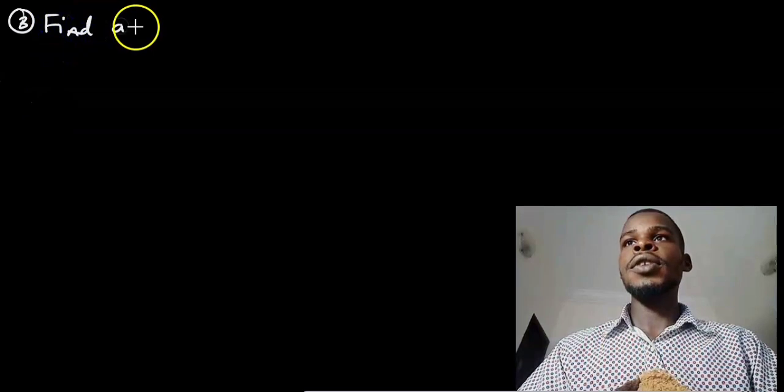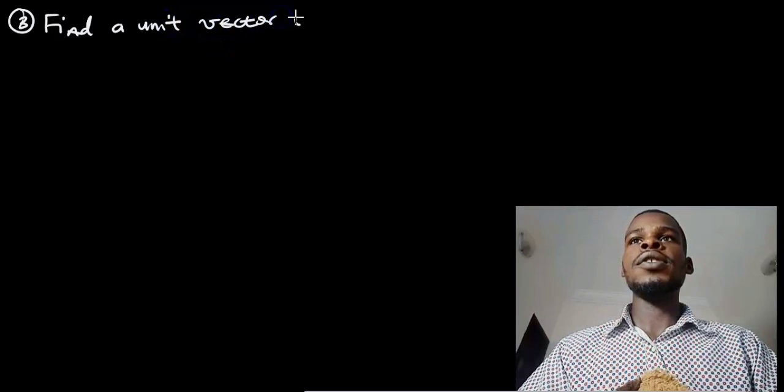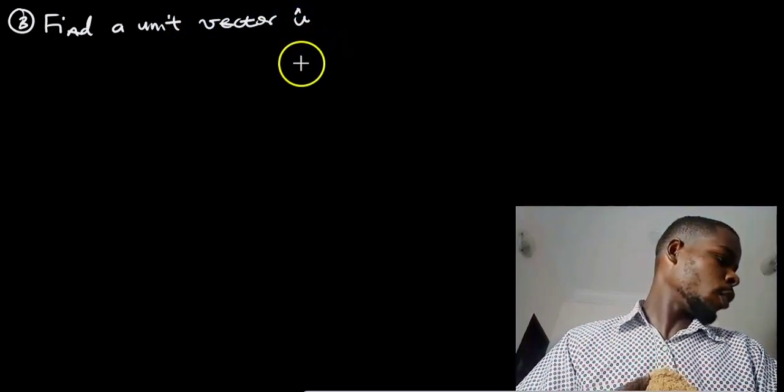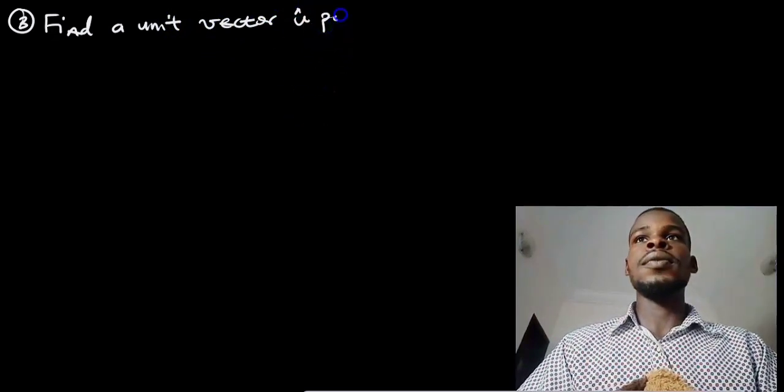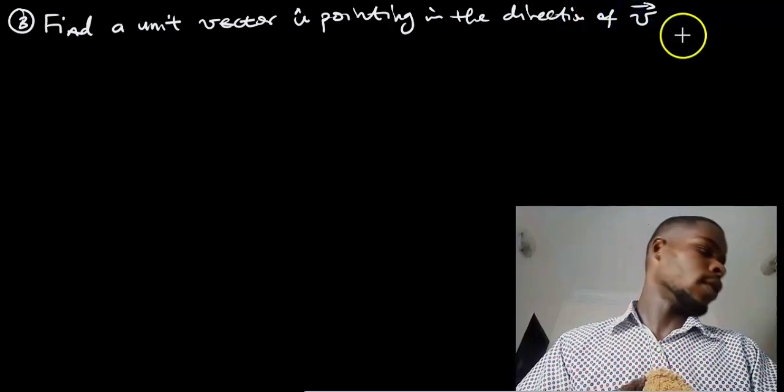So you want to find a unit vector, call it u hat, pointing in the direction of vector v.